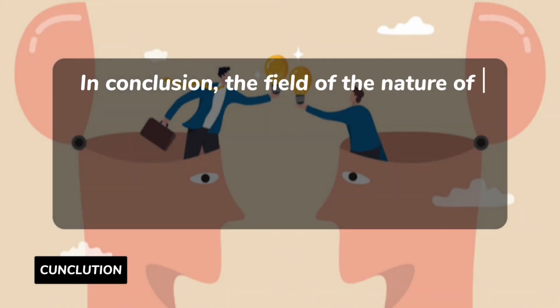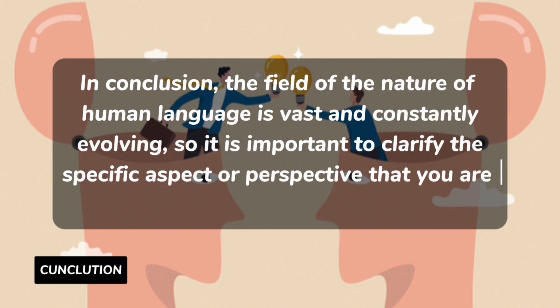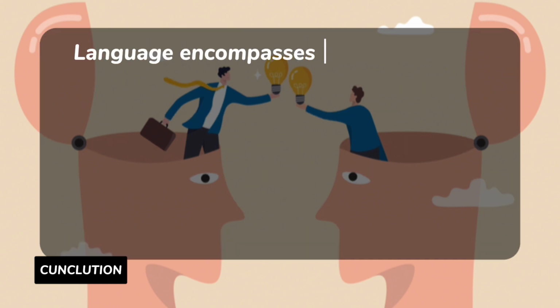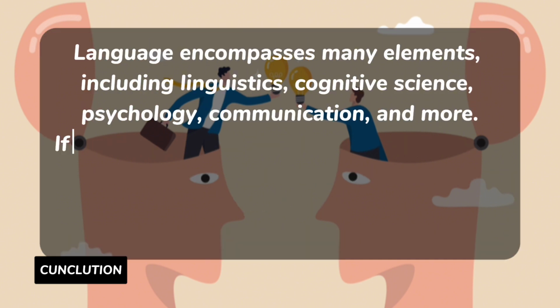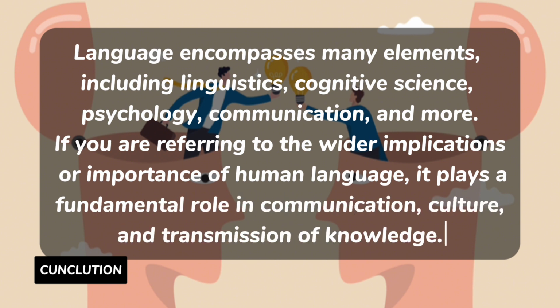Conclusion. The field of the nature of human language is vast and constantly evolving. So, it is important to clarify the specific aspect or perspective that you are interested in. Language encompasses many elements, including linguistics, cognitive science, psychology, communication, and more. If you are referring to the wider implication or importance of human language, it plays a fundamental role in communication, culture, and transmission of knowledge.